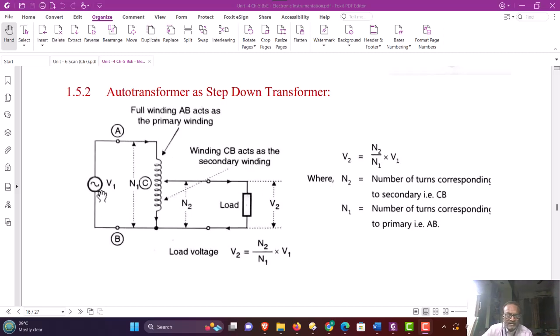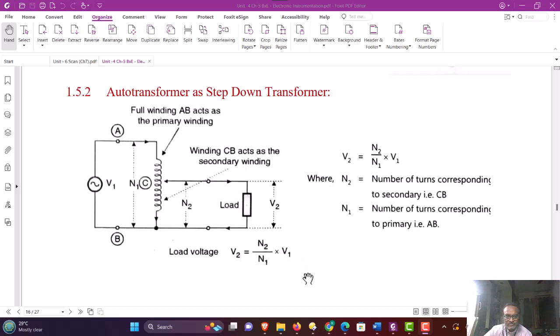Whereas the number of turns between the wiper contact position and the reference terminal B is denoted as N2. And across N2, the output voltage is taken and the load is connected. Now in this configuration, the load voltage is given by V2 = (N2/N1) × V1, where N2/N1 is called the transformer turns ratio.